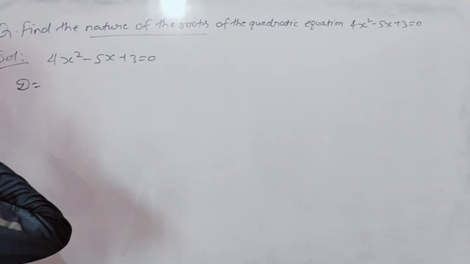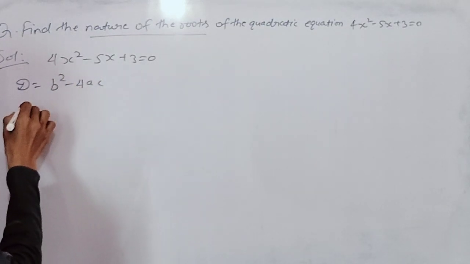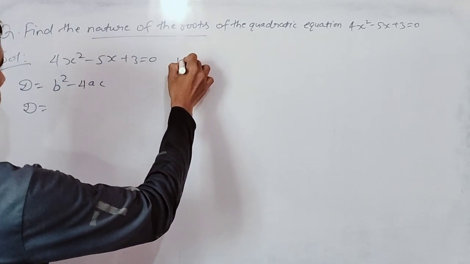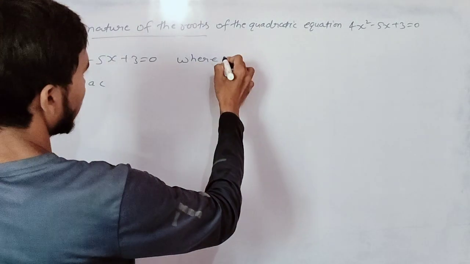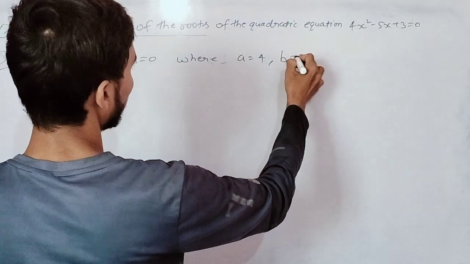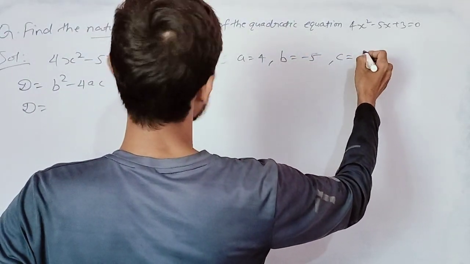As you know, b square minus 4ac. So here a is 4, b is minus 5, c is 3.